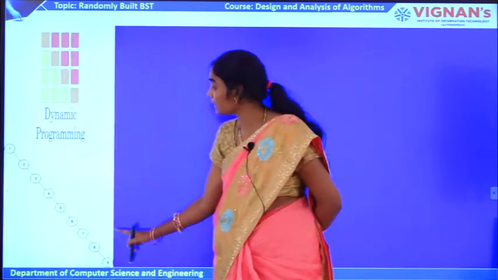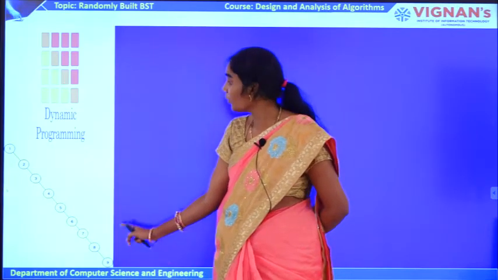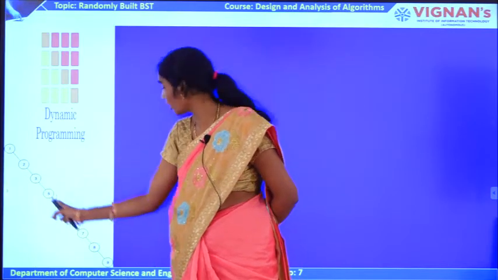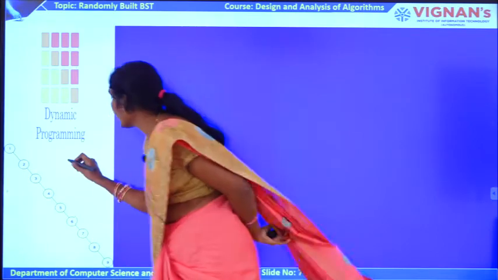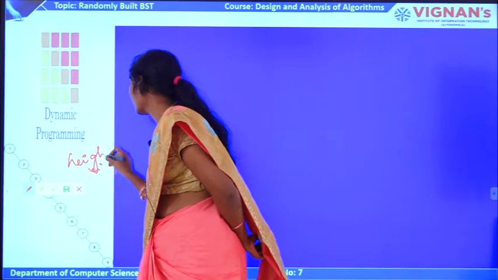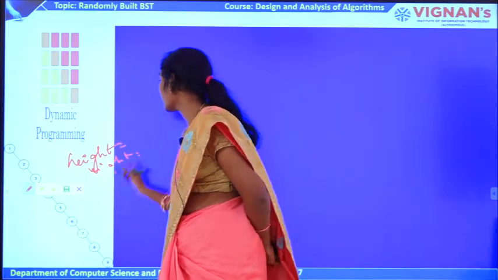Let's see an example here. Here I am having a strictly increasing binary search tree, which is inserted in increasing order and has the values 1 to 9. Height is equal to how much? 8. That is 1, 2, 3. So now 8.